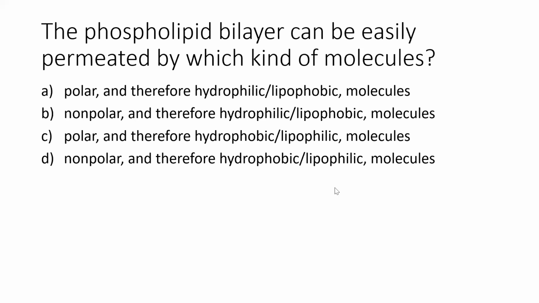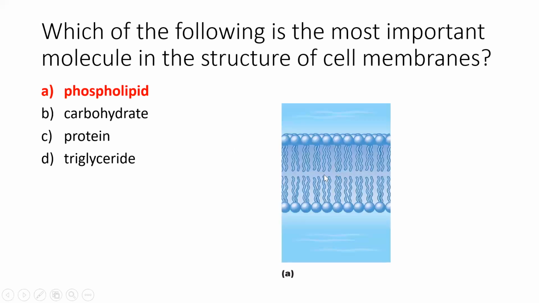A is not correct because in order for a substance to go through the cell membrane, it has to be able to exist in this environment here. Remember, we're talking about a molecule being able to go right through this membrane and make it to the other side. If it's a polar molecule, it will not be able to exist in this region where we have these non-polar hydrophobic fatty acid phospholipid tails, okay?